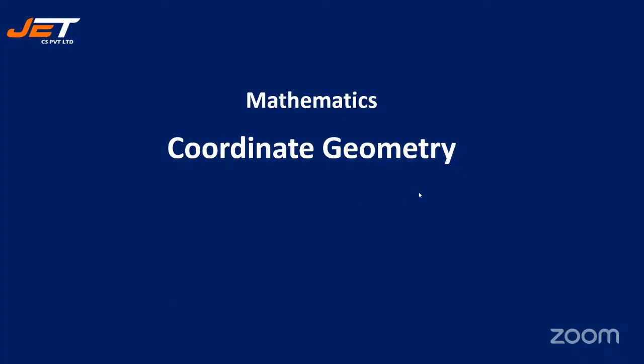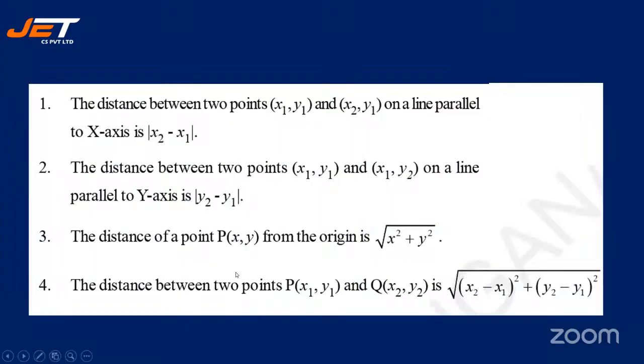Quickly, we'll do the revision of this topic, coordinate geometry. See here. The distance between 2 points x1, y1 and x2, y1 on a line parallel to the x-axis is x2 minus x1.